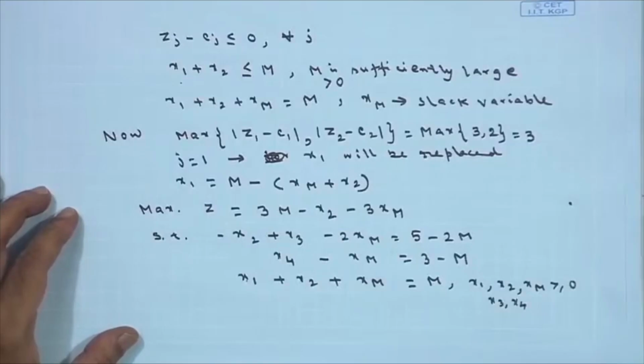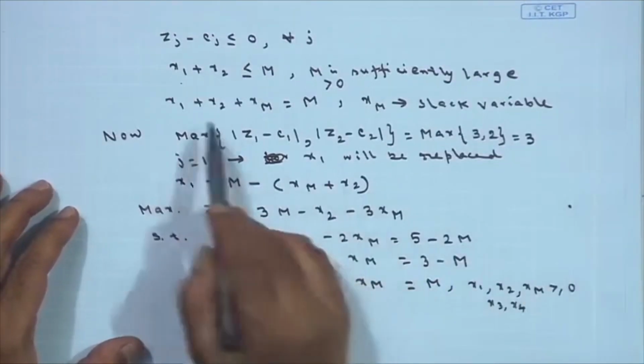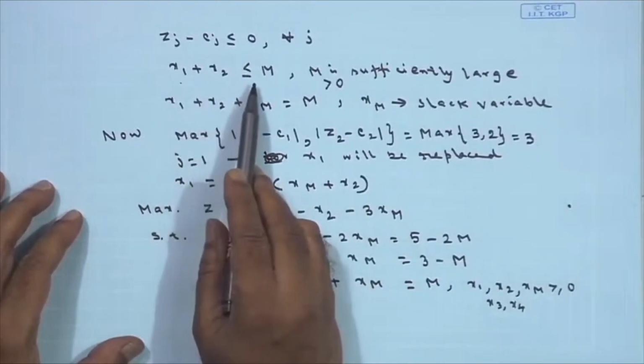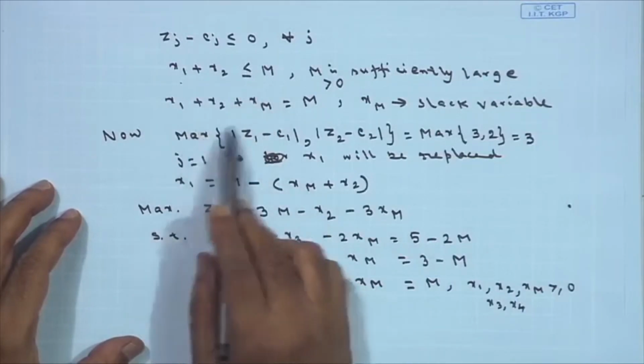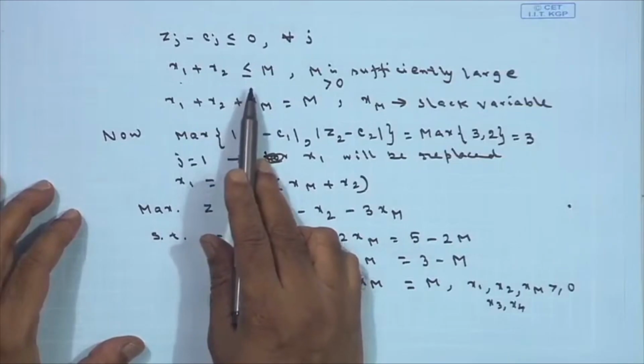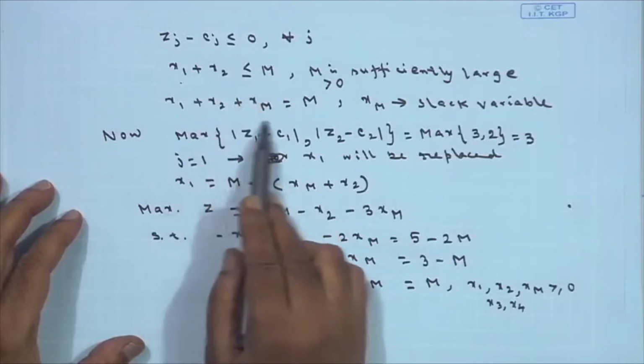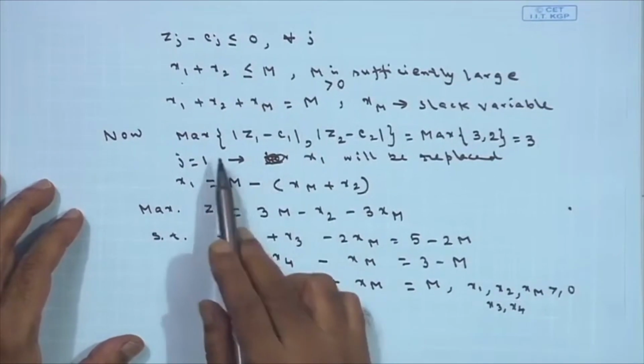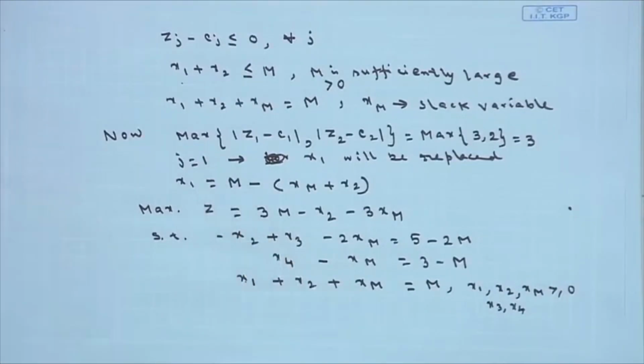So, therefore, I am adding a new constraint x 1 plus x 2 less than or equal to m. Then I am adding the slack variable and making this new less than or equal type constraint into an equality constraint. Now I have to replace one variable. How to replace the variable?